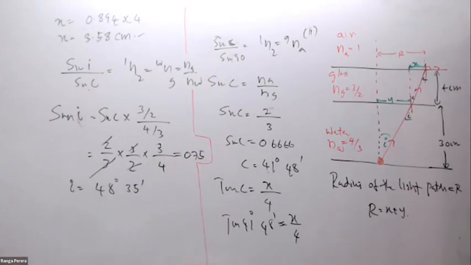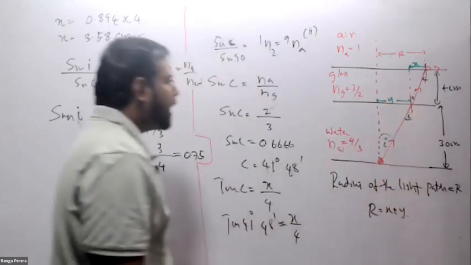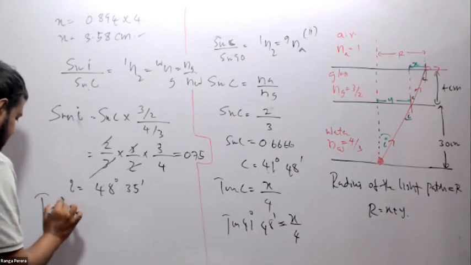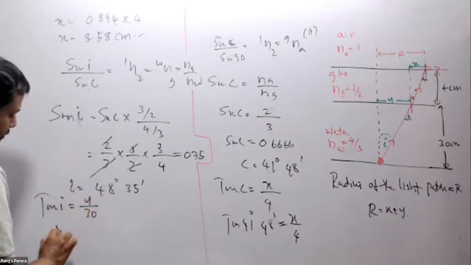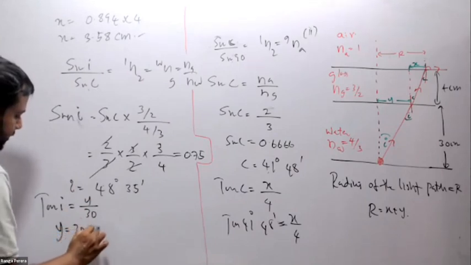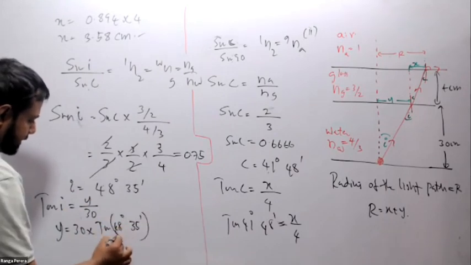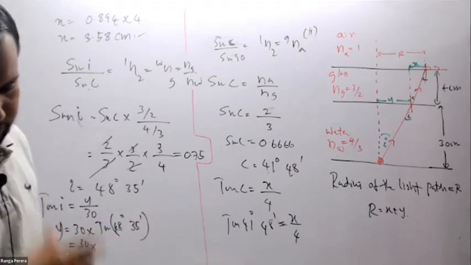Then if I know I, I can calculate the Y value, based on tan I. Tan I equals Y divided by 30. So Y equals 30 into tan 48 degrees 35 minutes.